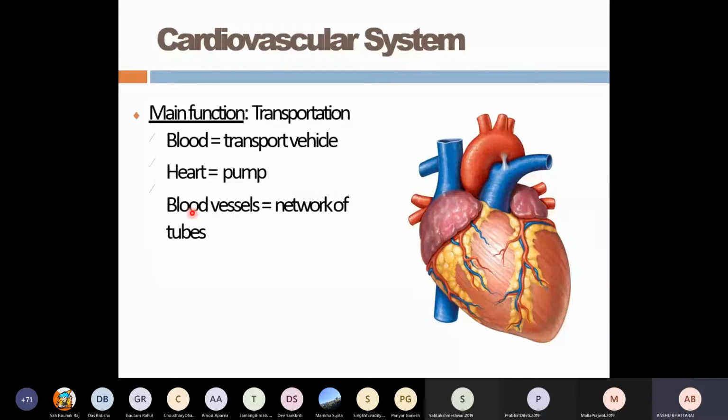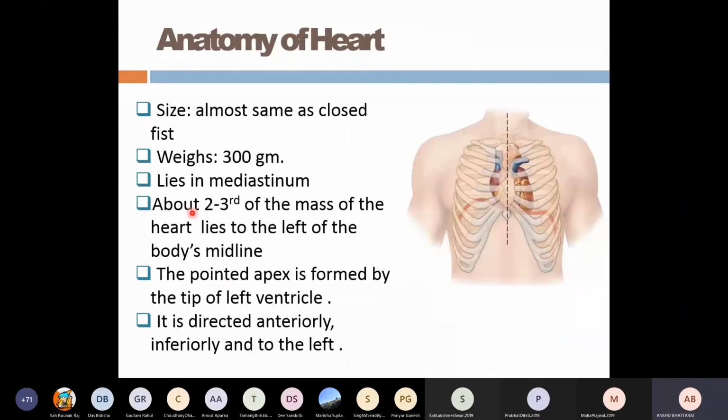Now talking about the heart, let us review a brief anatomy of the heart. I'm sure you have studied this in anatomy, but let me just recap it for you. What is the size of the heart? It is almost the same as our closed fist. It weighs about 300 grams. It lies in the mediastinum, and about two-thirds of the mass of the heart lies to the left of the body's midline. So primarily, the heart is present on the left side of the chest.